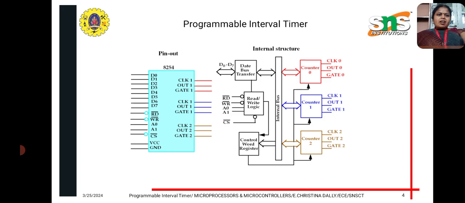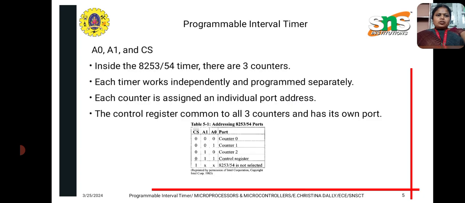Here we have three counters: counter 0, counter 1 and counter 2, with the pins clock, out, and gate. The data bus is bidirectional. It is used to transmit and receive data. Apart from that we have the control word register. These are all the blocks that are connected to the 8-bit internal bus.